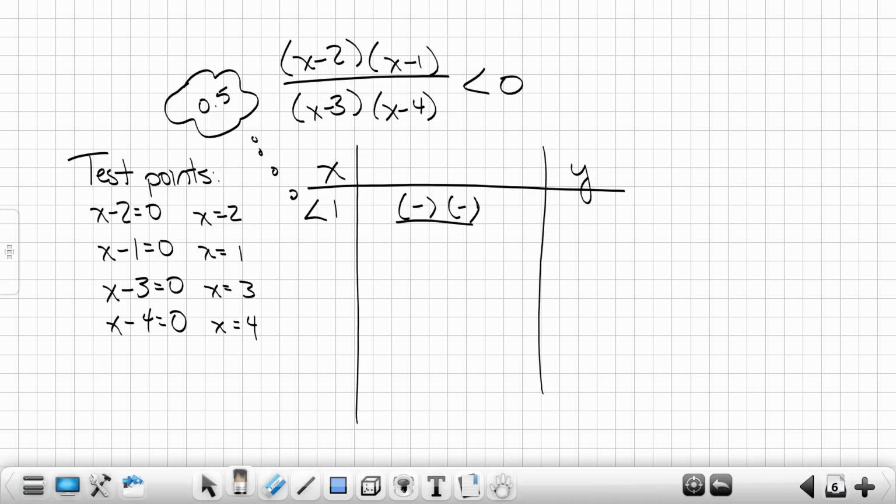Negative. 0.5 minus 4? Negative. So a negative times a negative divided by a negative times a negative is positive. Because I only care if I pick a number less than 1, will that be less than 0? Yes or no? No.